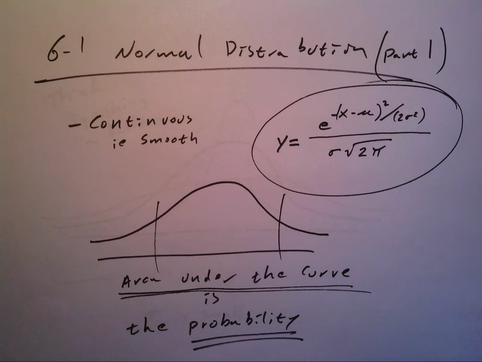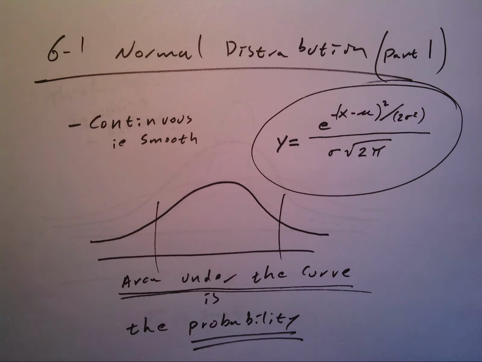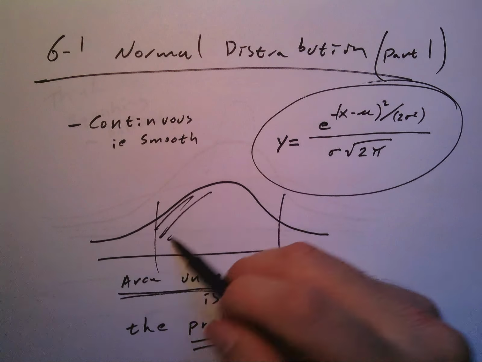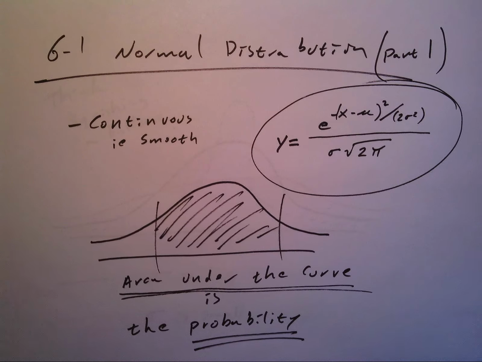That's the same thing we're doing now, although it's smooth, it's a continuous graph as opposed to nice, neat blocks. And when you count the area underneath the curve, like I shaded right here in the middle, that's going to be a probability. The area and the probability are the same. This is where calculus actually influences statistics and back and forth. We don't need to get into the nitty-gritty there, but we can do statistics at this level because of calculus.